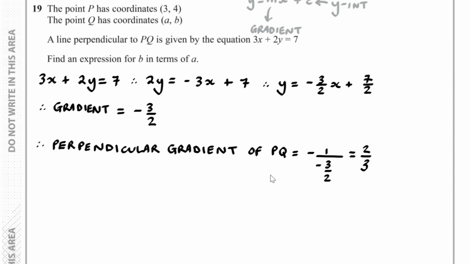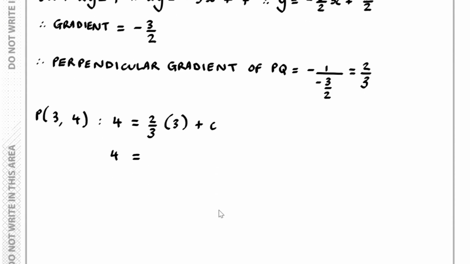Now we know that our line passes through the point P, and it passes through the point Q. So if I consider the point P with coordinates (3, 4), using y equals mx plus c, I've got y, which is 4, equals m, which is 2/3, times 3, which is the x coordinate, plus c. 4 equals 2 plus c. c is equal to 2.